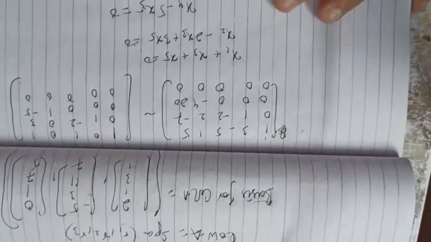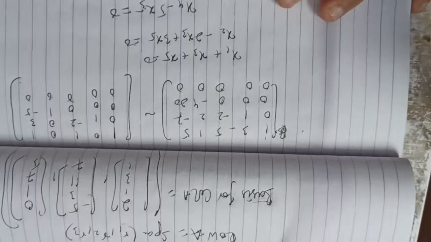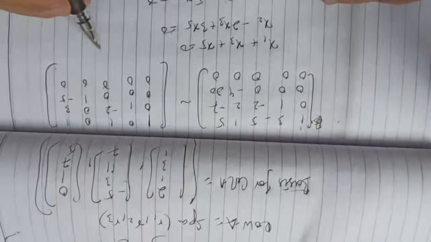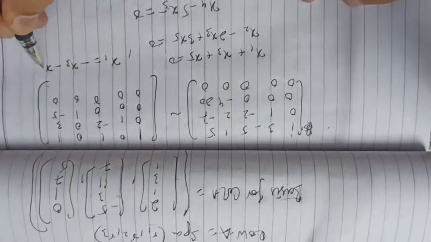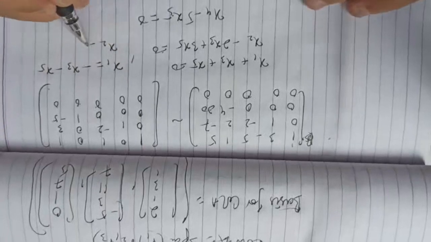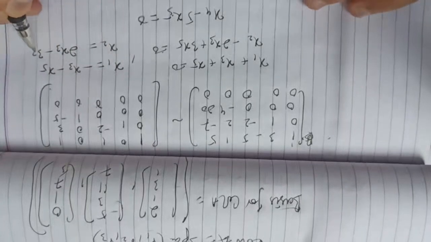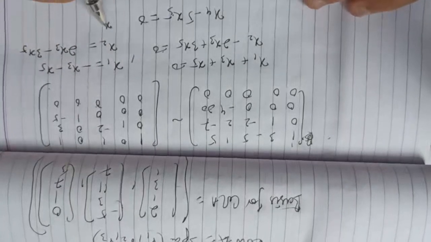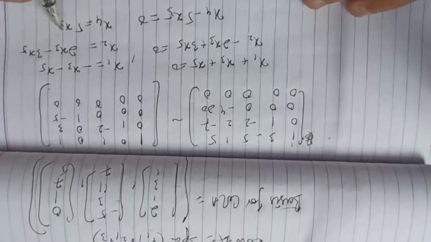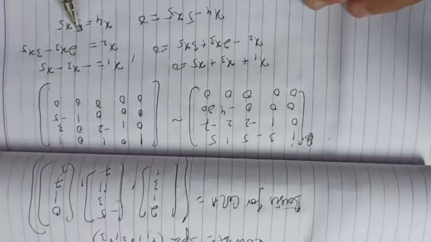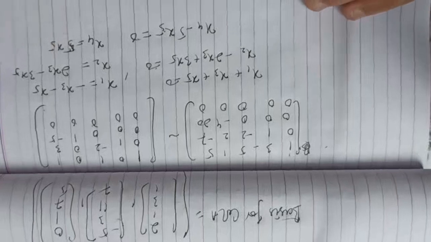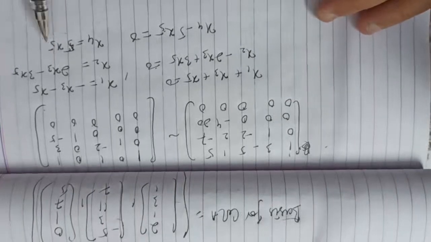So we can write x1 equals minus x3 minus x5, x2 equals 2x3 minus 3x5, and x4 equals 5x5. There are two free variables, x3 and x5, because we are free to choose their values.